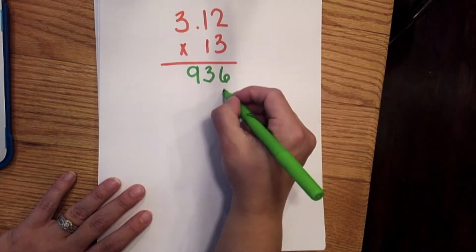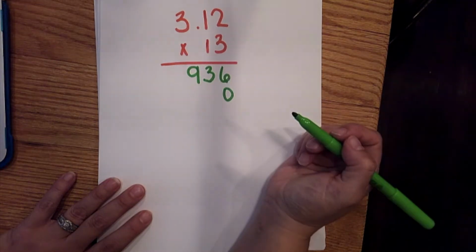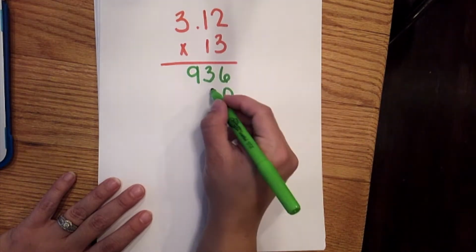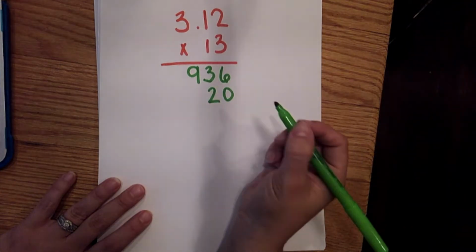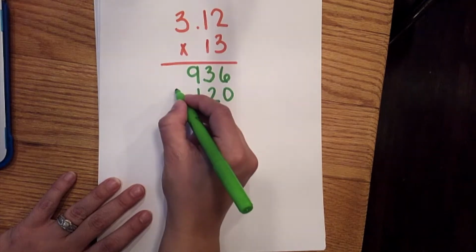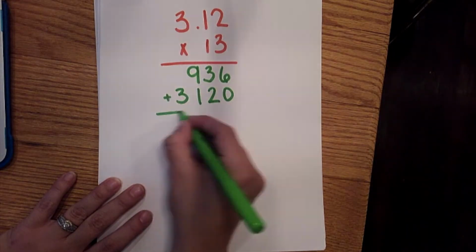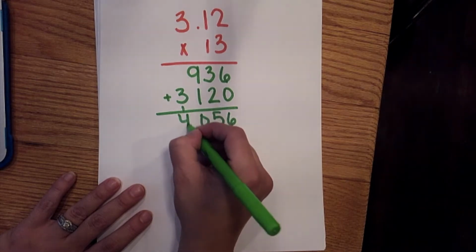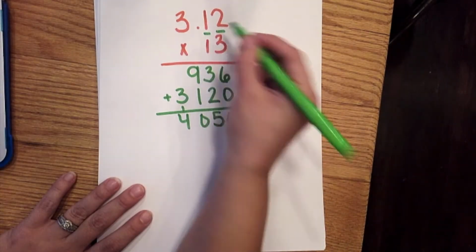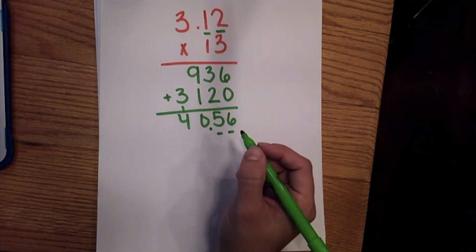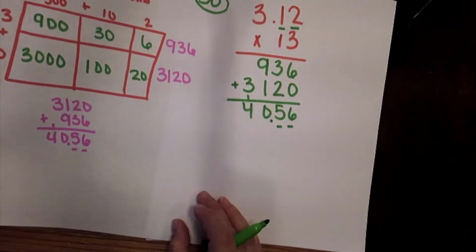So we have nothing in the ones. We've already used the ones place up. So the product of 1 times 2 has to go in the tens place. 1 times 1 is 1, and 1 times 3 is 3. And then we add those together. And then 1, 2 decimal places, and we wind up with the same answer.